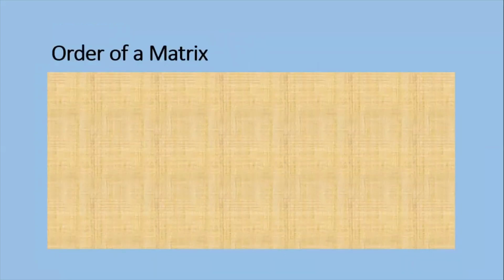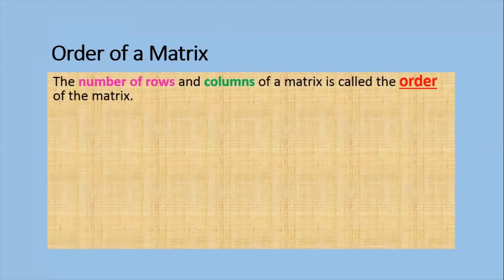Now, this is important, the order of the matrix. What do we mean by that? What is the order of a matrix? The order is simply the number of rows and the number of columns of a matrix, right? So the number of rows and the number of columns is called the order of the matrix.